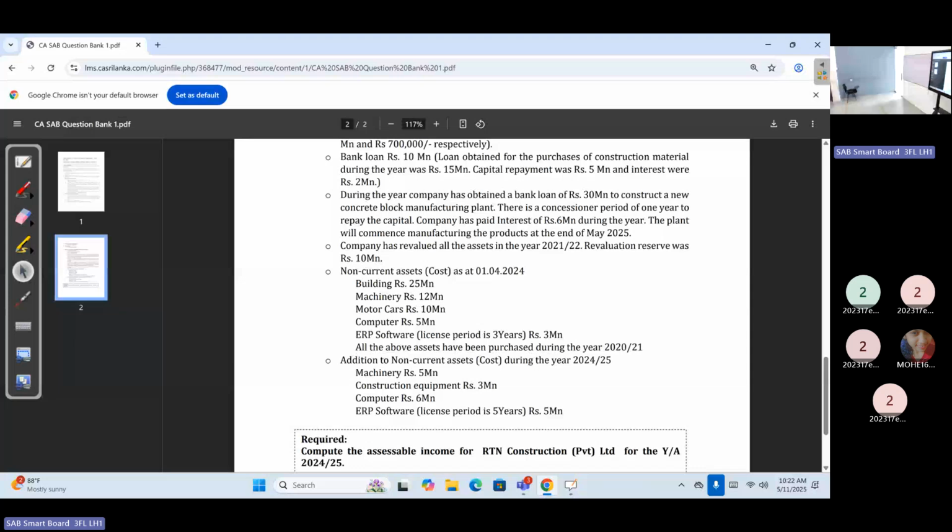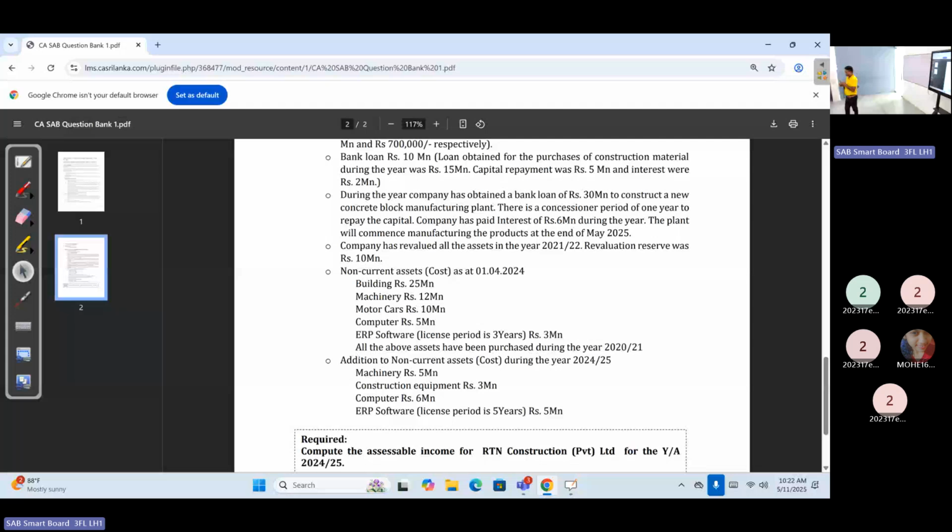So the thing is that under the vehicle, capital allowance is to be considered. In case of the vehicle, you remember what vehicle qualifies for capital allowance? Only goods vehicle. Goods vehicle, commercial vehicle, they are giving the definition.